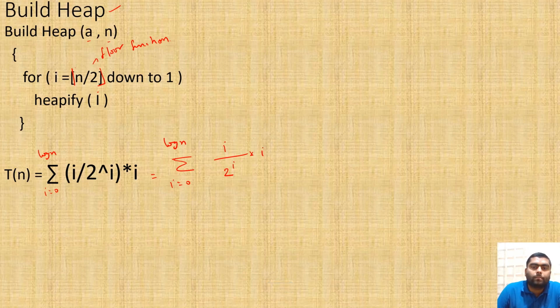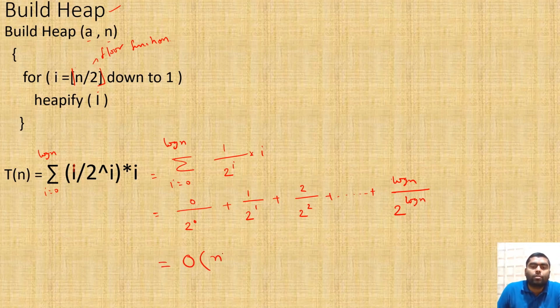Finally you will get 0 divided by 2 raised to the power 0, plus 1 divided by 2 raised to the power 1, plus 2 divided by 2 raised to the power 2, plus up to log n divided by 2 raised to the power log n. This series is a combination of GP and AP, that is AGP. If you solve it, you will get order of n time complexity.